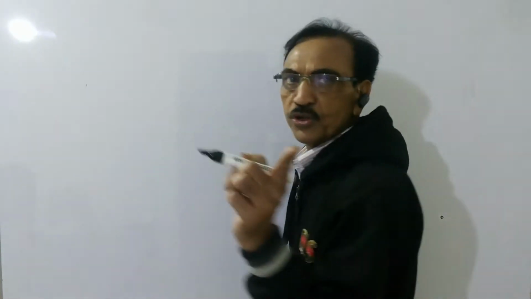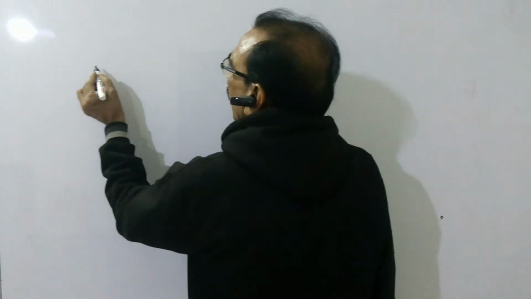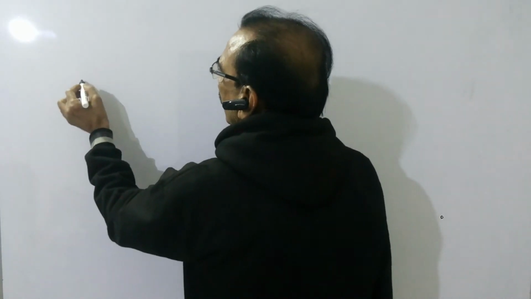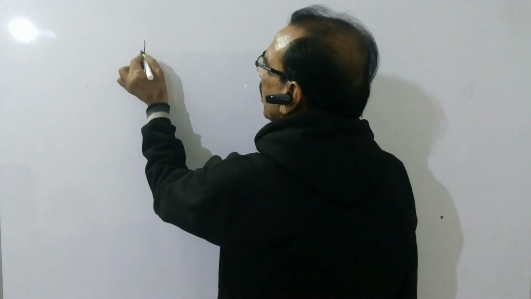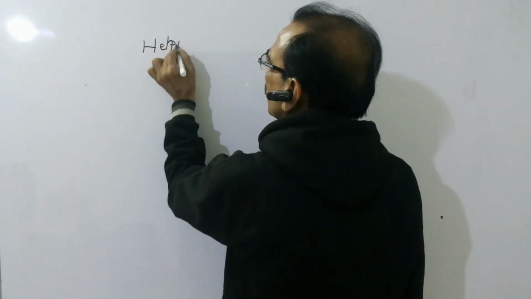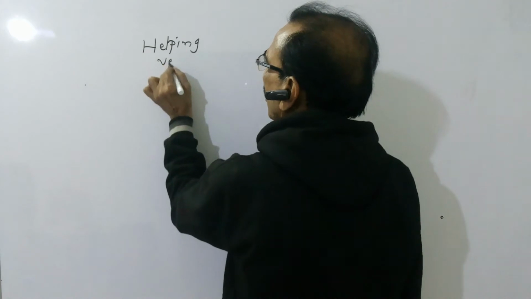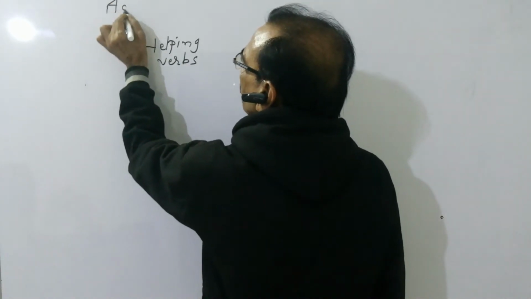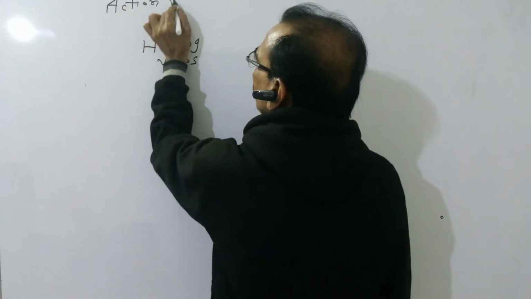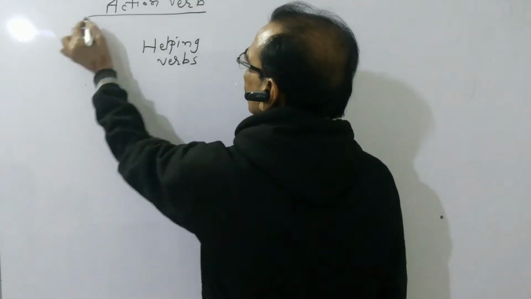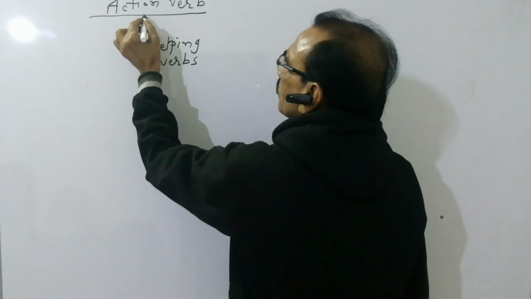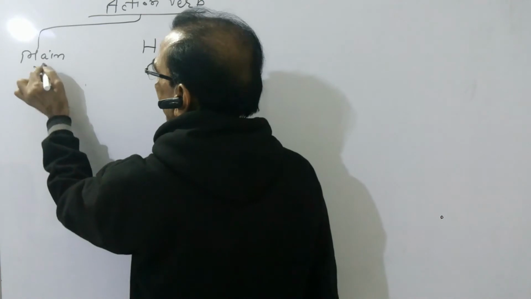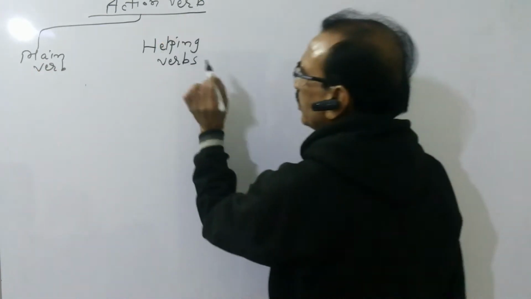Simply you have to follow my instruction. Before we start, we will be learning the helping verbs of all the tenses. At present we are doing the study of action verbs. Action verb has a main verb and a helping verb. Is it clear?